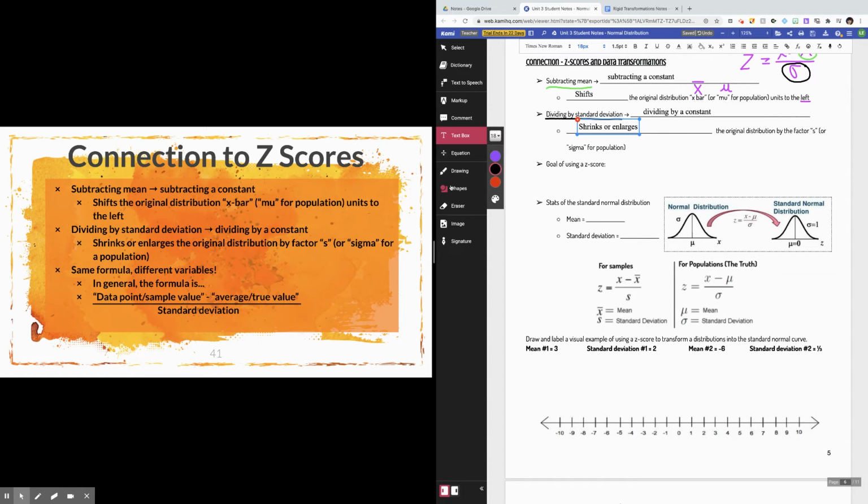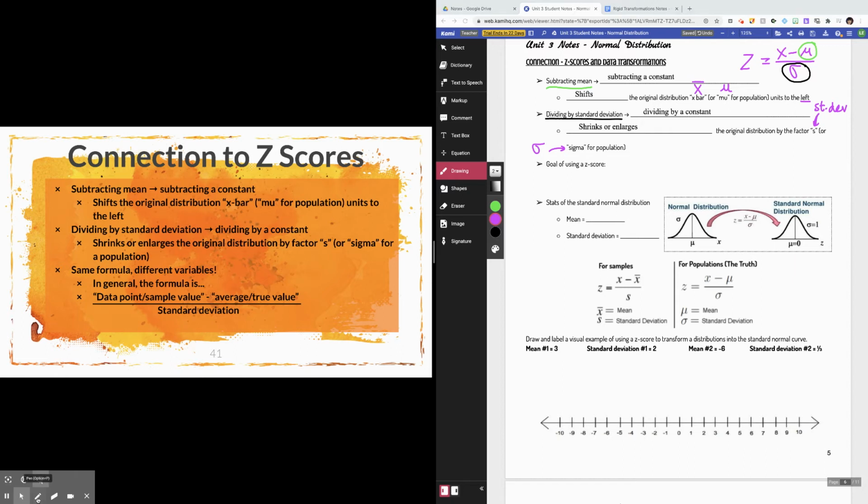Remember, that's the symbol for standard deviation. S is the symbol we use for standard deviation. Or you saw me use that fancy Greek symbol, sigma, in the last video. The reason I used that is because we were dealing with a population value.